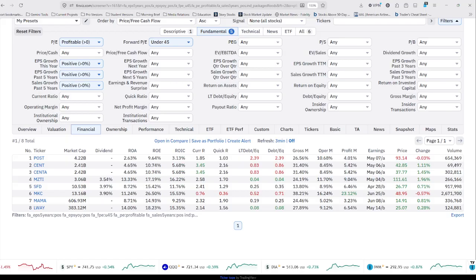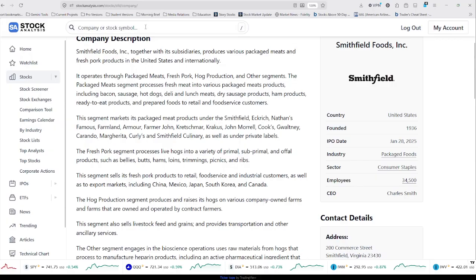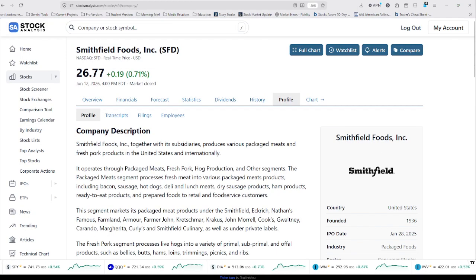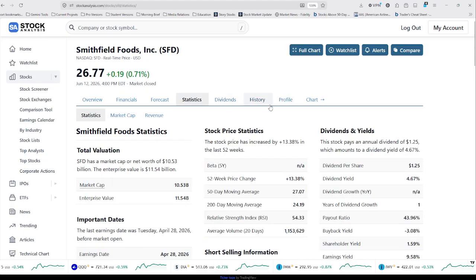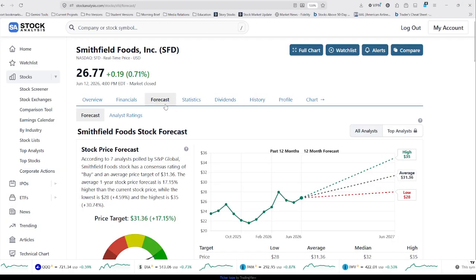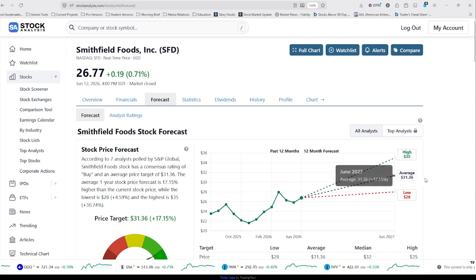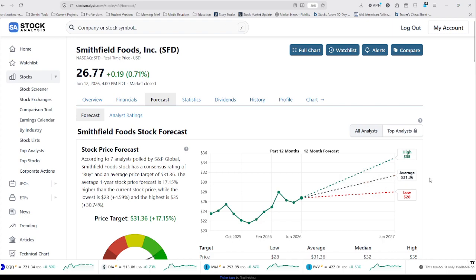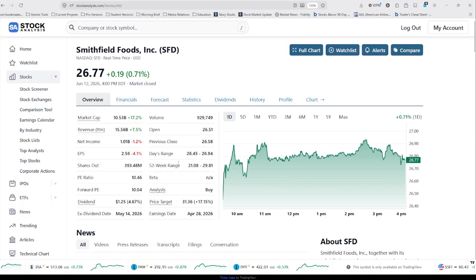So now I need to figure out what the average analyst believes the company's worth. Let's go to stock analysis. Let's go to SFD. Let's go to the forecast tab right there. So $31.36. What was the highest high this stock hit in the past year? $29.81.